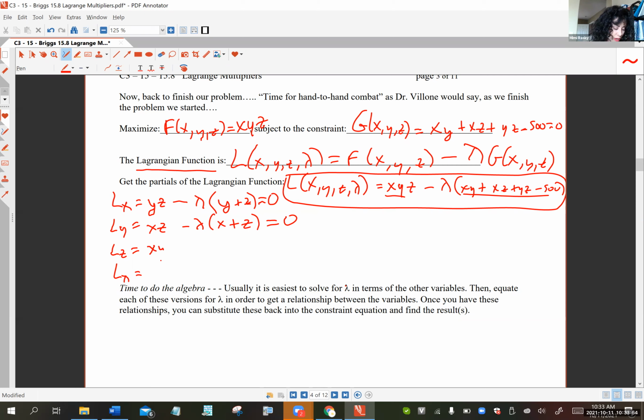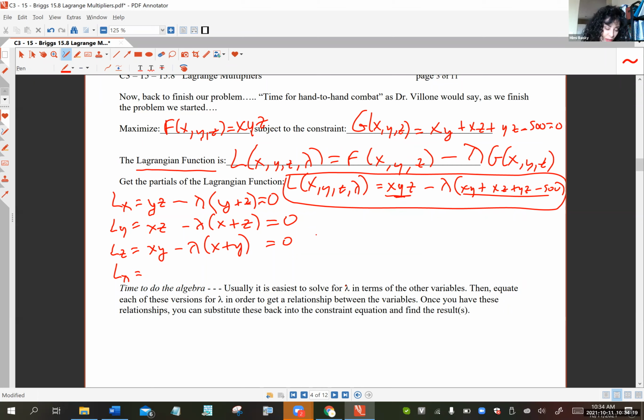So I'm going to get xy minus lambda times (x plus y), set equal to 0. And then for L with respect to lambda, since you're holding x, y, and z constant when differentiating with respect to lambda, the derivative of xyz with respect to lambda is 0.